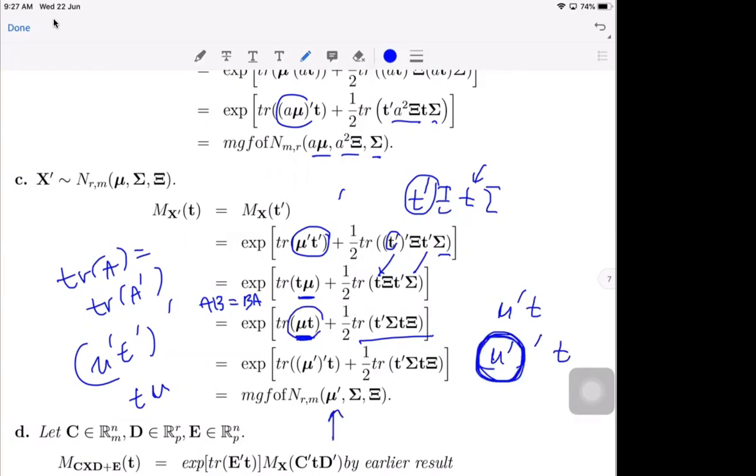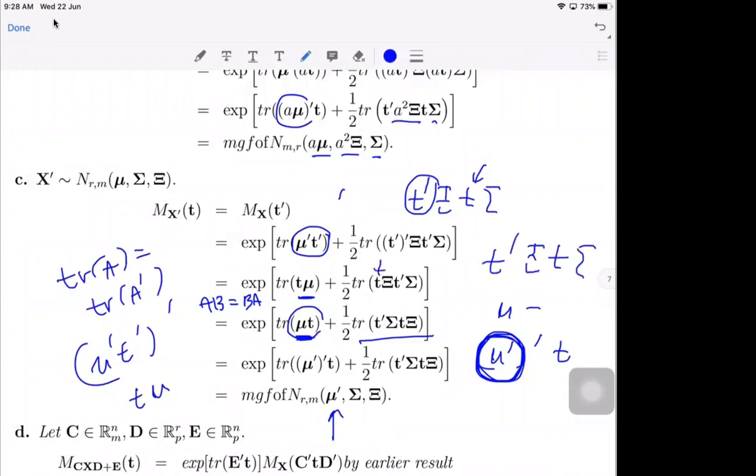And then this should take the form t prime psi t sigma.